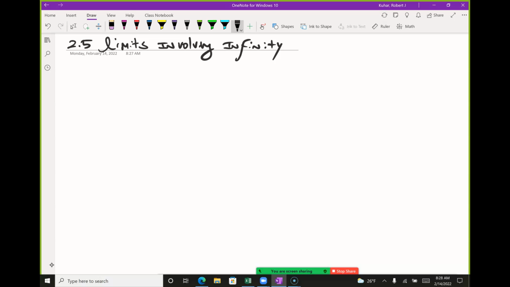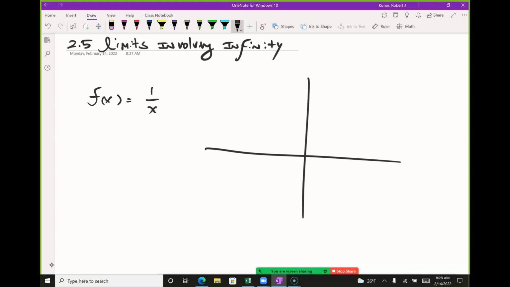And of course, whenever I give you a function and you don't know what it looks like, you're going to graph it on your calculator, right? You certainly could plot points, but f of x equals 1 over x is a very important one. And so we want to be able to have a quick sketch of that anytime we talk about it.